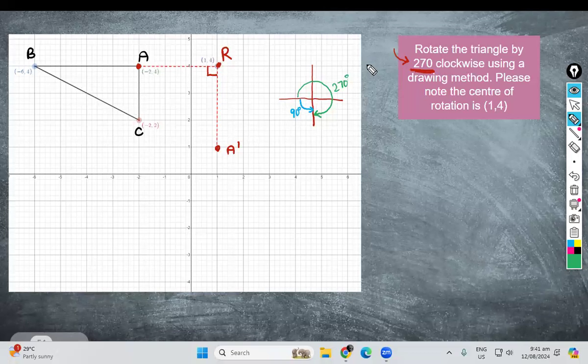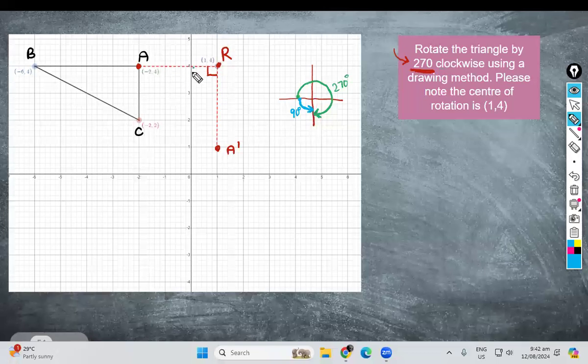270, 360. So if one piece is 90, the remaining piece is 270. So whenever somebody asks you to rotate something 270 degrees clockwise, you will get the same outcome if you spin 90 degrees anti-clockwise.